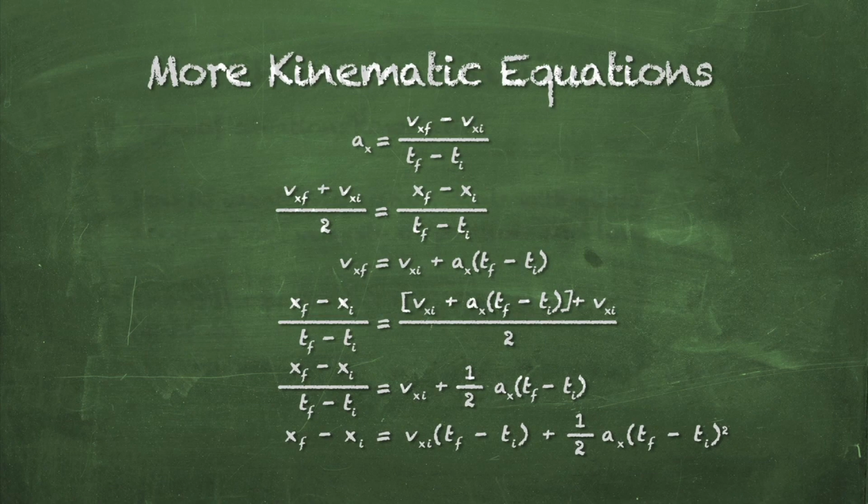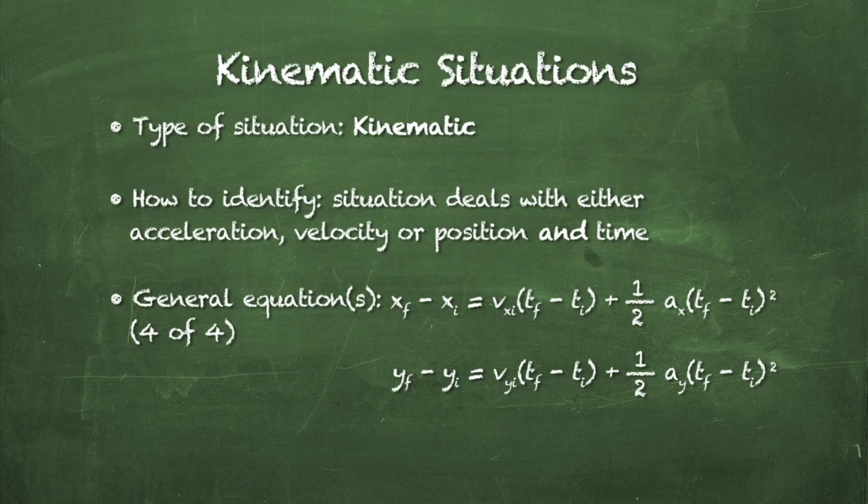So, in kinematic situations, which deal with acceleration, velocity, position and time, we have our fourth kinematic equation, which is the change in x, or x final minus x initial, is equal to whatever velocity we had initially, Vx initial, times the change in time, t final minus t initial, plus 1/2 of the acceleration times the change in time squared.